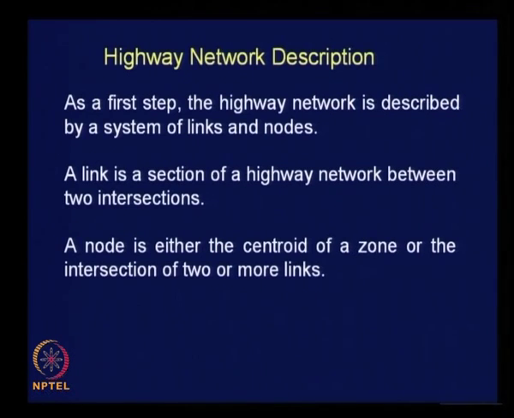So, each road intersection is considered as a nodal point, node, and your zone centroids are also considered as nodal points, right. Zone centroids are not fixed at road intersections, they are fixed based on a set of different criteria about which we will discuss later. Okay. As of now, understand that all road intersections are considered to be nodal points. All the zone centroids are also considered to be nodal points.